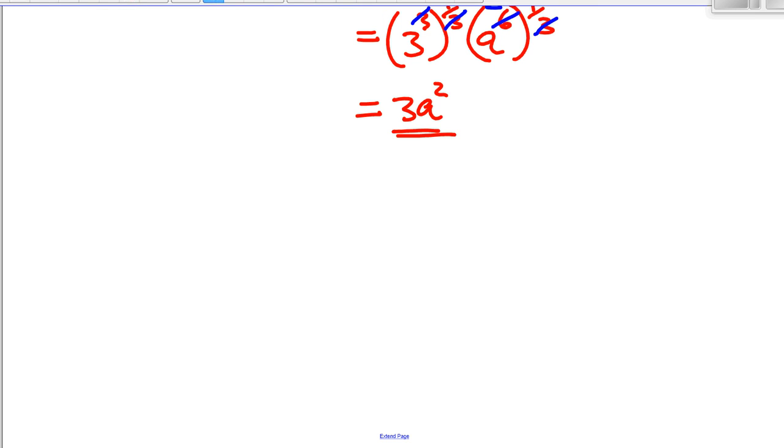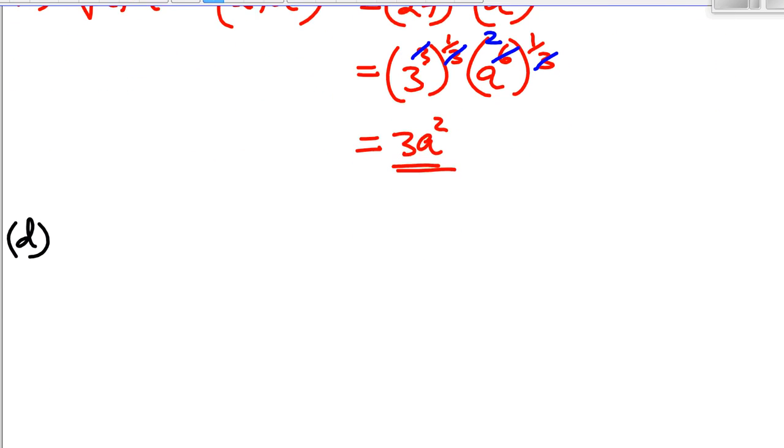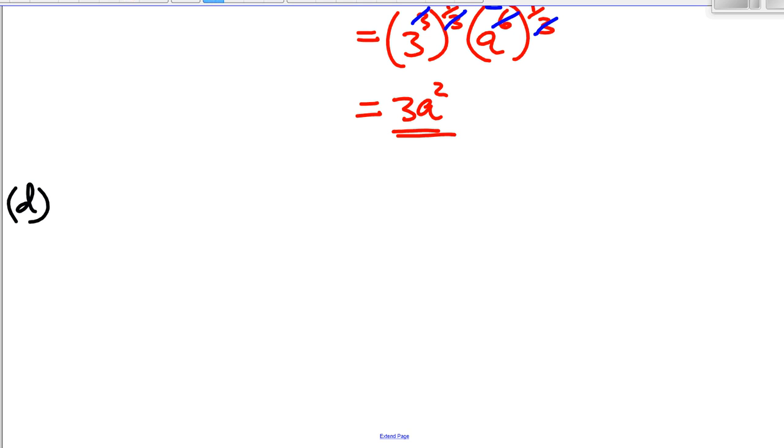D. Now for question D, what we have is, just check, 9b squared over 16. Okay, so what we have for D is (9b squared over 16w to the power 4), everything to the power negative a half. So let's start by getting rid of the negative.